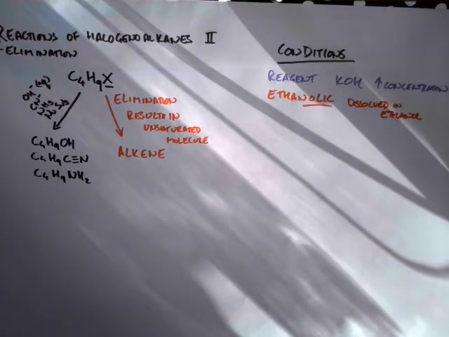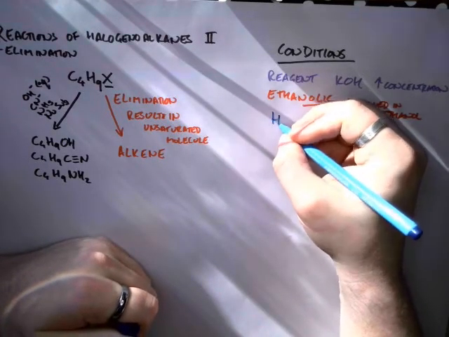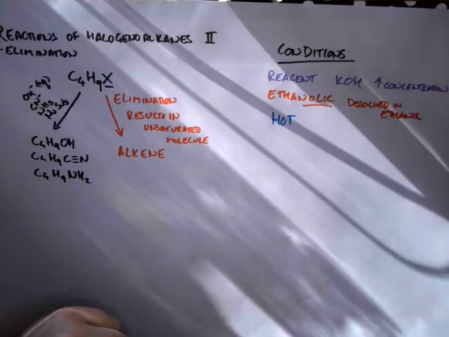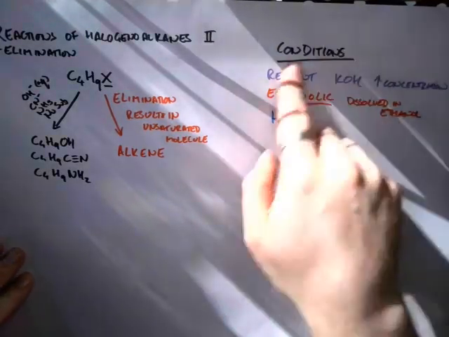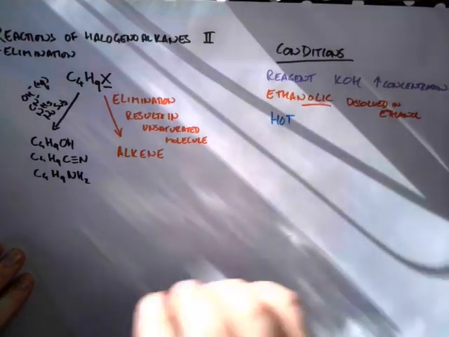And the last thing is that it is going to be hot. So we're going to increase the temperature, increase the concentration, put our potassium hydroxide in, and dissolve it in ethanol. And what this means is that we're going to end up with an elimination reaction taking place.